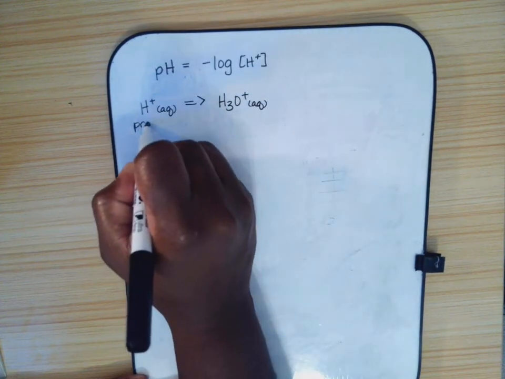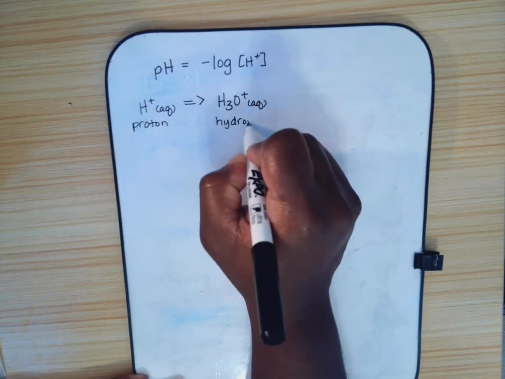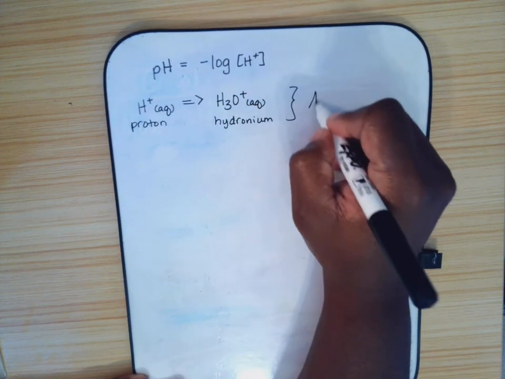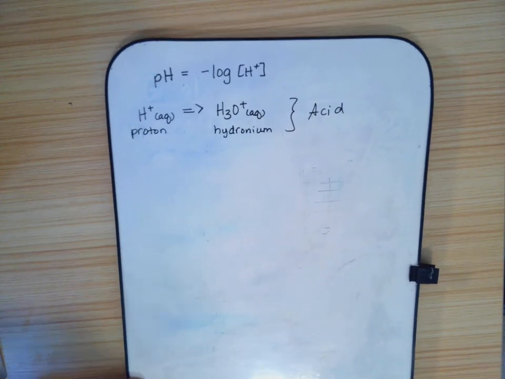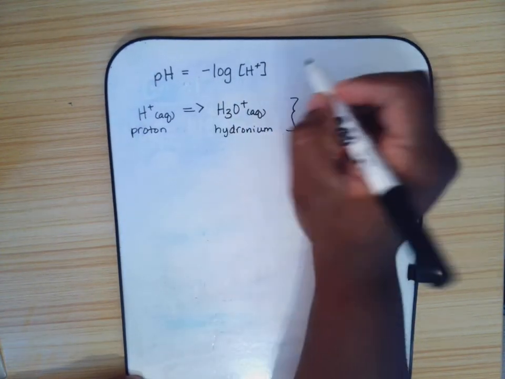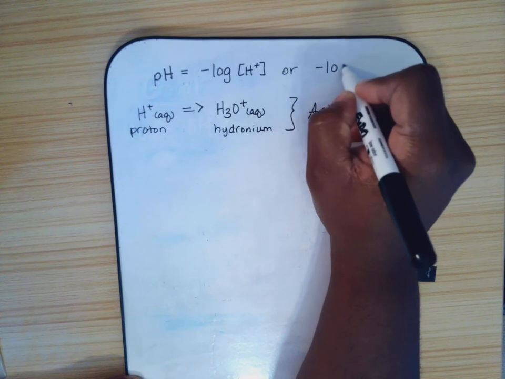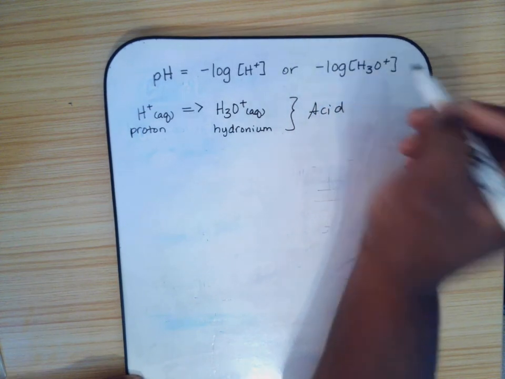So whether you're seeing the proton or the polyatomic ion known as hydronium, they both represent an acid. With your pH, you can see the equation negative log of the proton concentration, or you can see the negative log of the hydronium. They both mean the same thing.